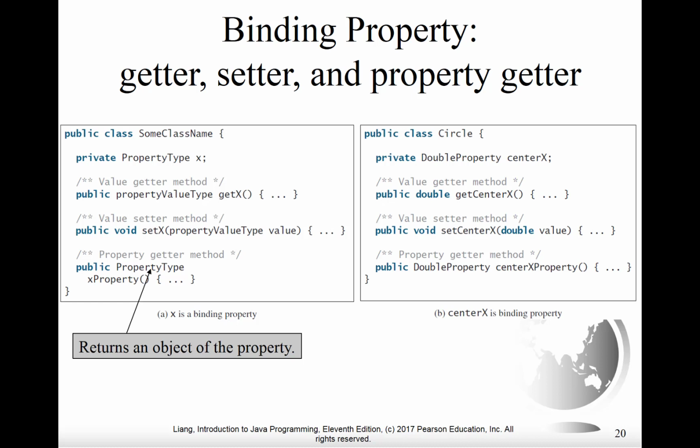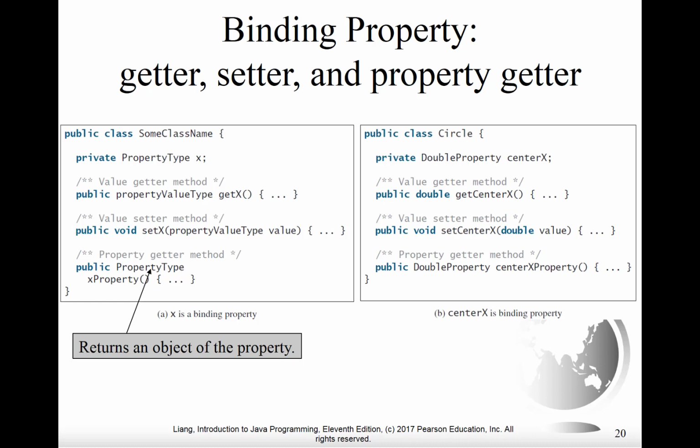If we have some particular class in JavaFX, there may be some property associated with it, a property type that we might call X, and there may be a method called getX that allows us to get that particular property value. We can also have a set method for it, which you see in the third piece of code, public void setX with a property value type value.